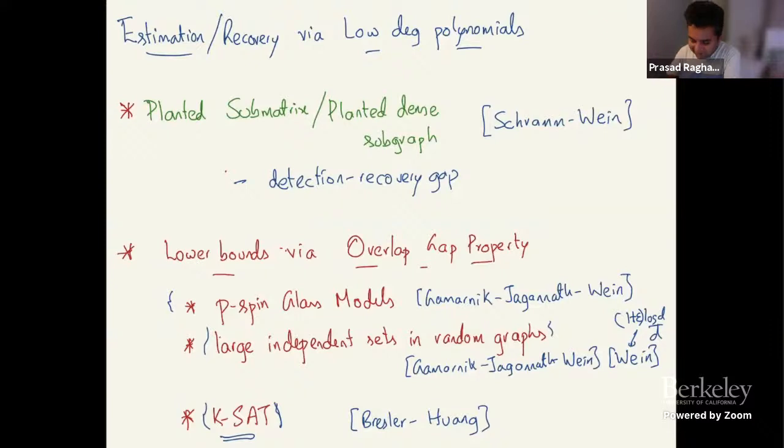Yeah, thanks. That's an important distinction. There's no planted solution in these problems or in these lower bounds, but the lower bound is still showing that low degree polynomials cannot recover any good solution.